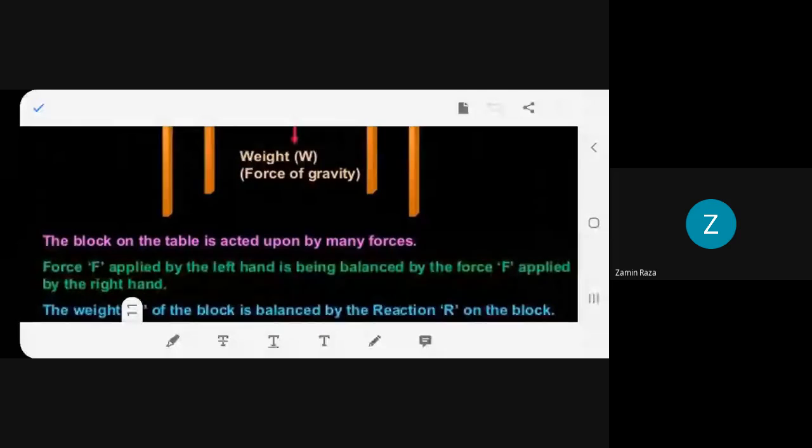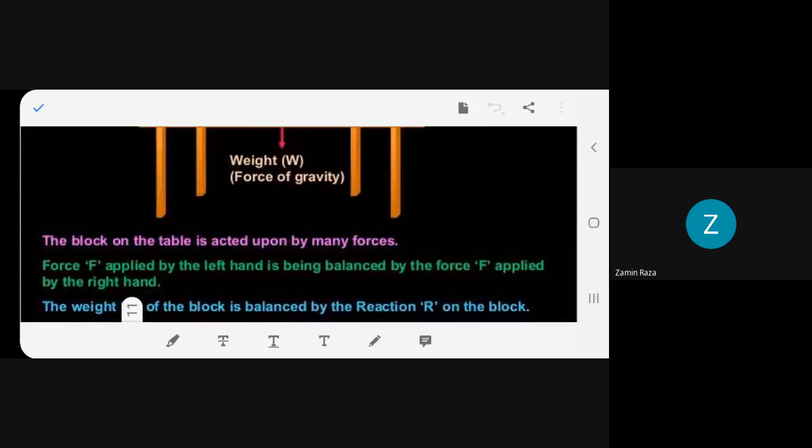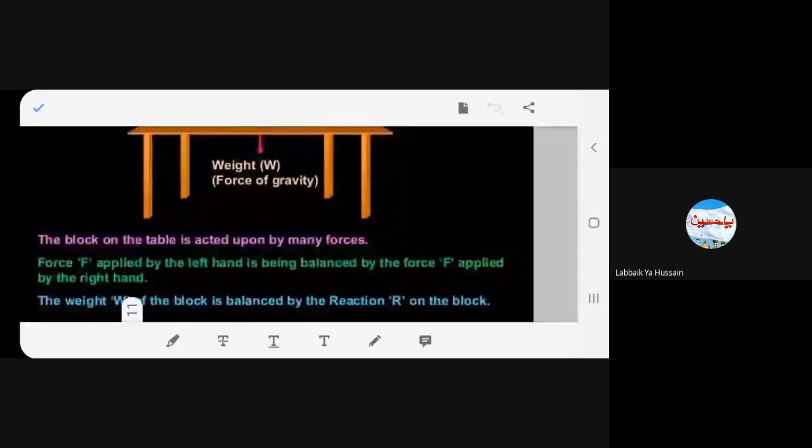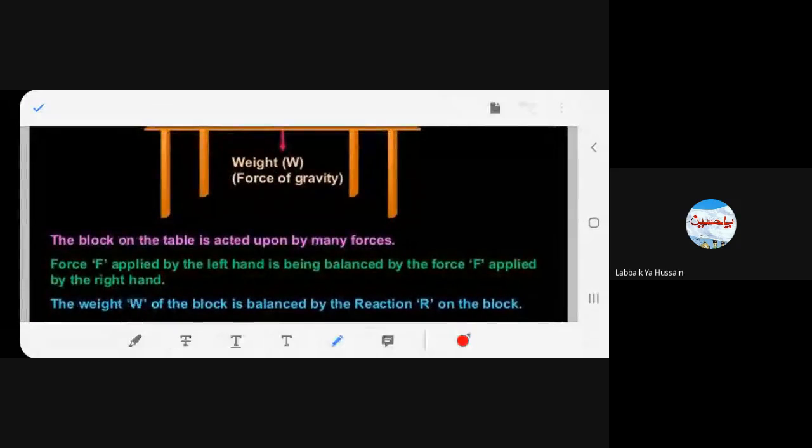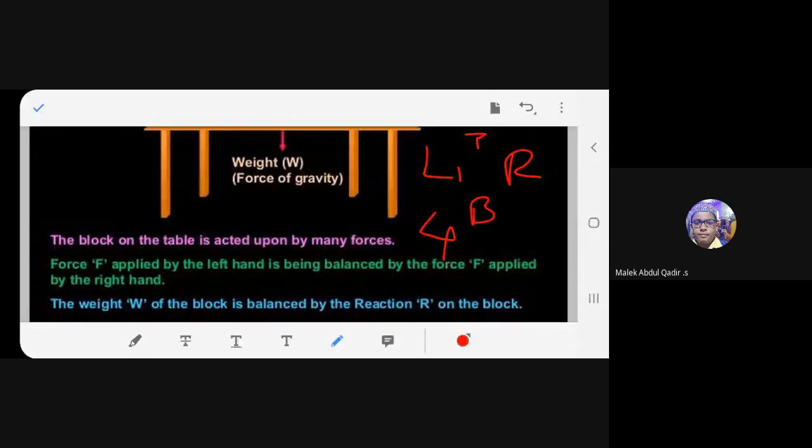Did you understand or do you want me to redo it again? Okay, thank you. So how many forces are actually applied? Four. Left, right, top, bottom. You understood now? On one object.